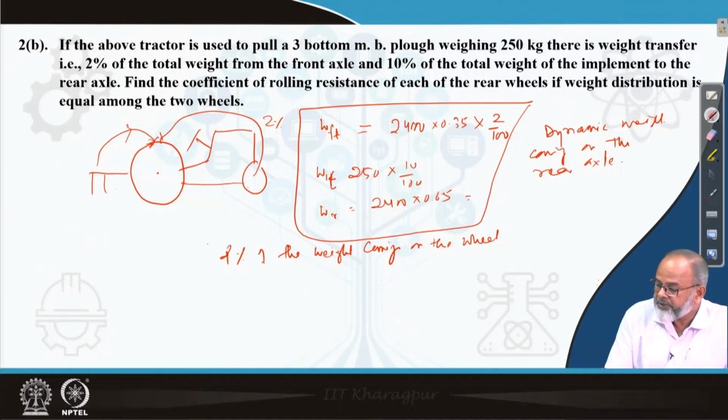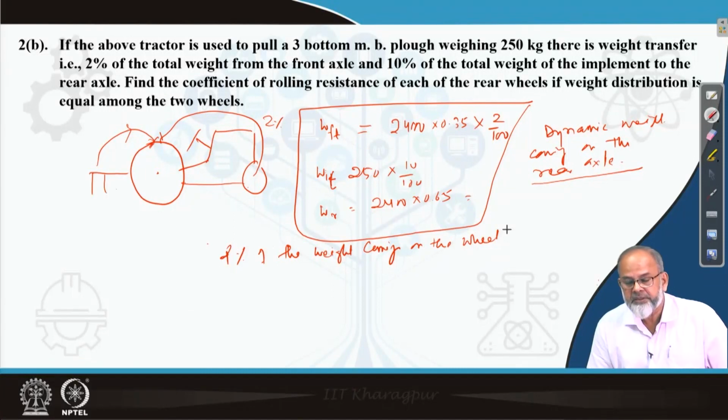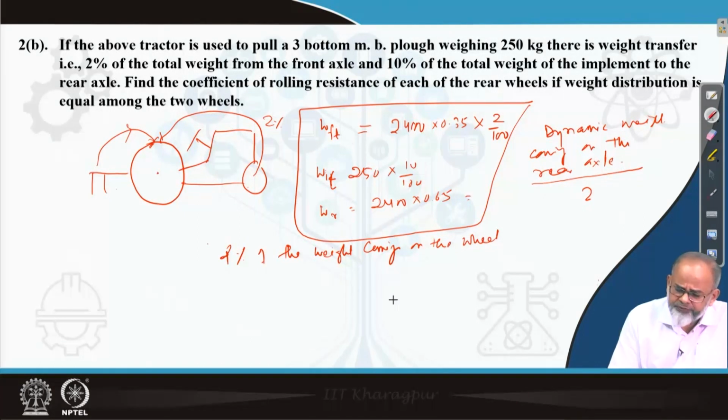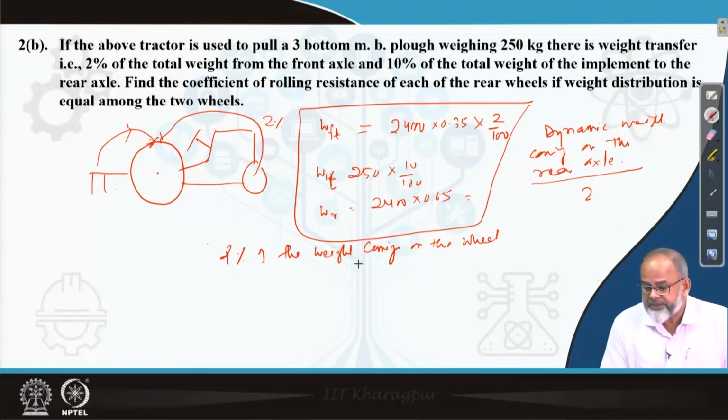So, here I have calculated the dynamic weight. Dynamic weight divided by 2, assuming that both the wheels are experiencing the same rolling resistance. So, this divided by 2 will give you the dynamic weight of each of the wheels fitted to the rear. Now, 4% of that will give you the rolling resistance. So, 4% of the weight which is coming here, W_D on a single rear wheel.